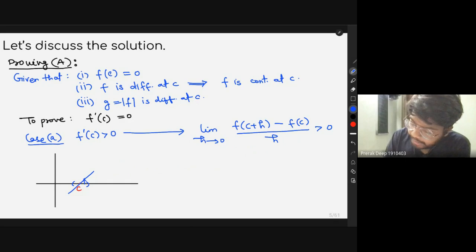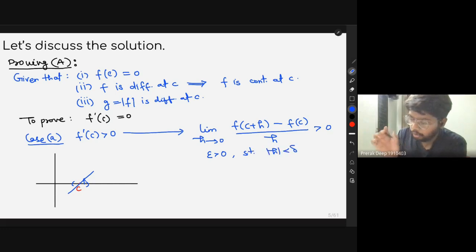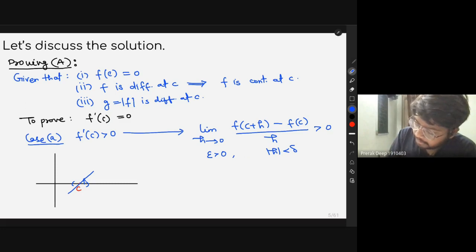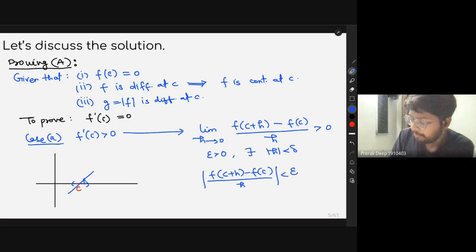So if I rewrite it, what does this limit mean? This limit simply means that for any epsilon greater than 0, there exists some delta, such that for h small enough, this quantity is smaller than epsilon.